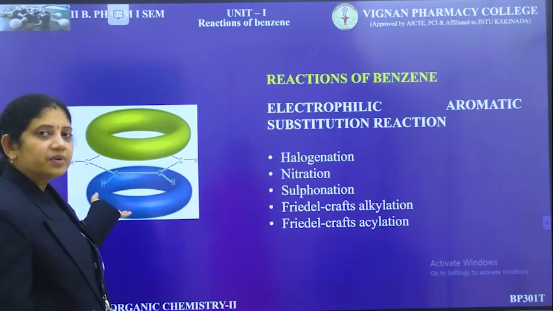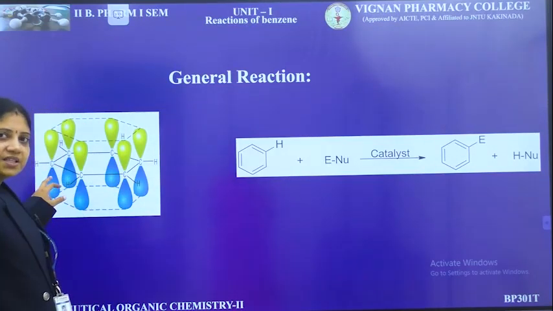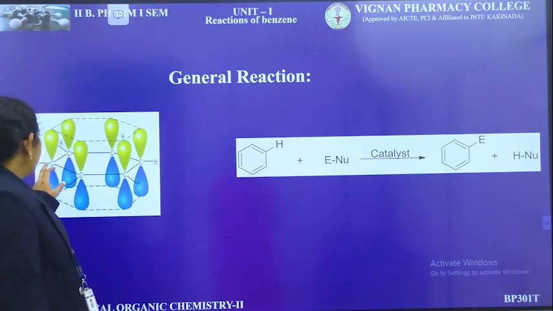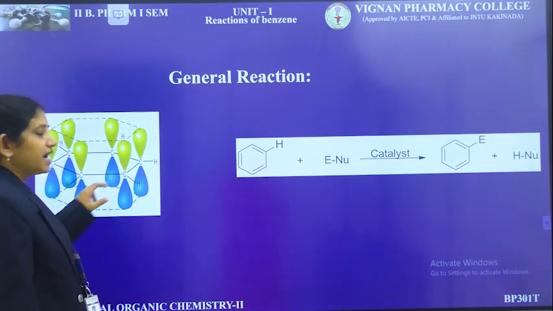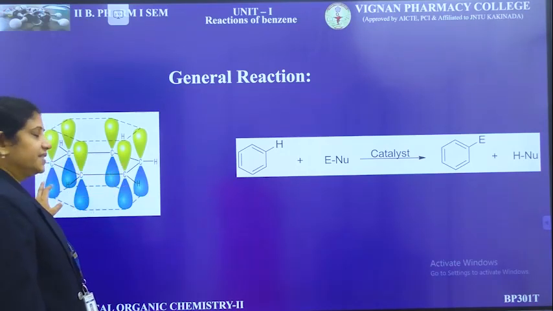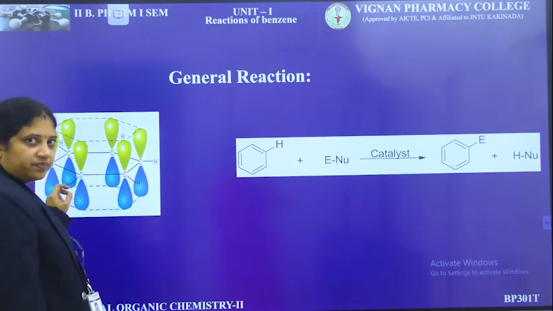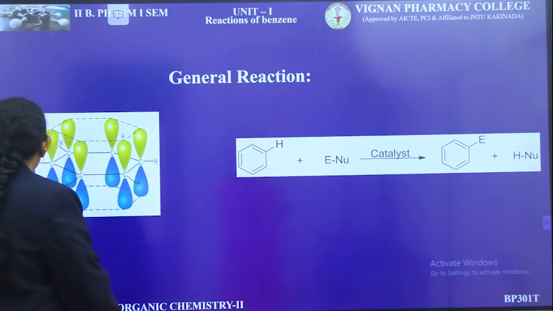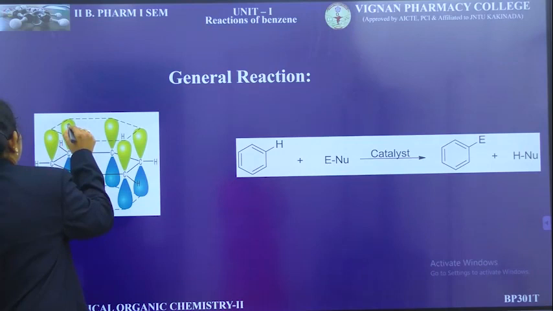How is it formed? If you observe the structure of benzene, it consists of one unhybridized p orbital at each carbon atom, which is present perpendicular to the plane of the molecule, and each unhybridized orbital carries one unpaired electron.